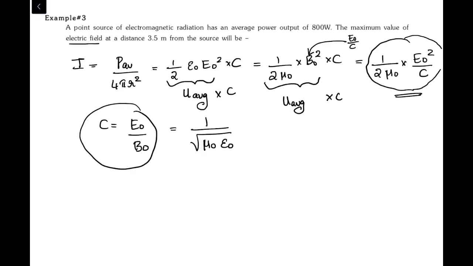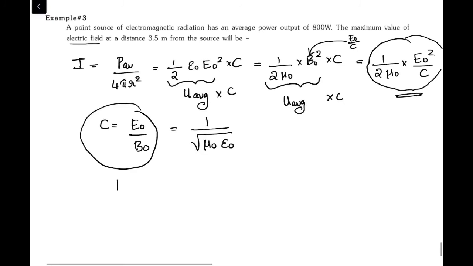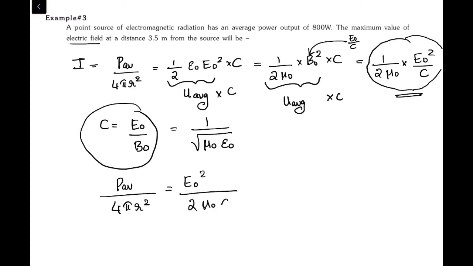Now I am taking only two from it, which is average power divided by 4 pi r square, equal to the formula which I wrote in the end, which is E0 square divided by 2 times mu 0 c square. And we need to calculate the maximum value of the electric field, which is E0.